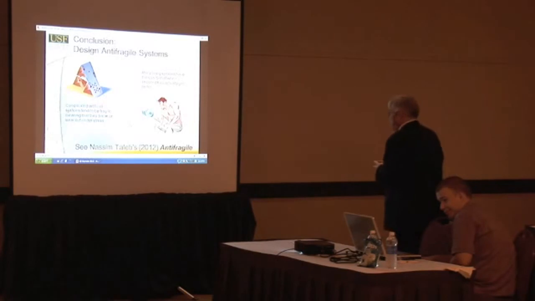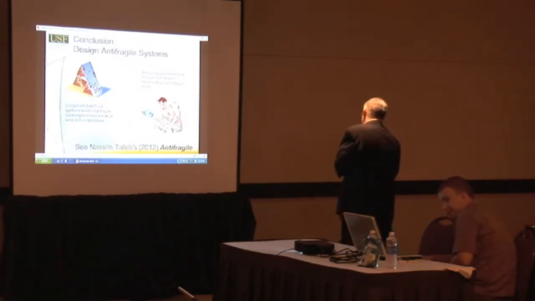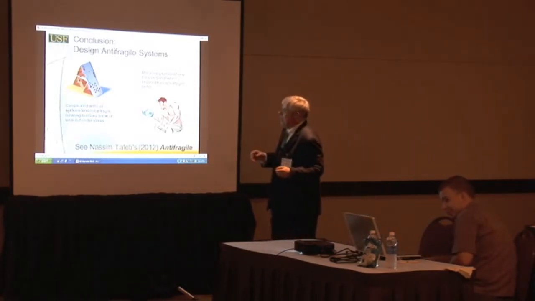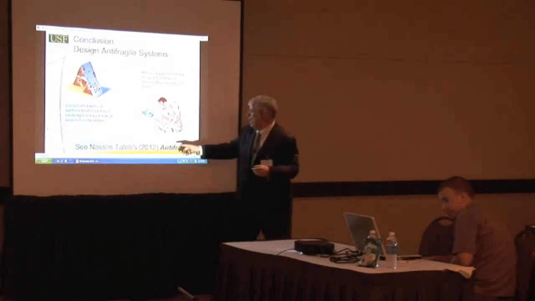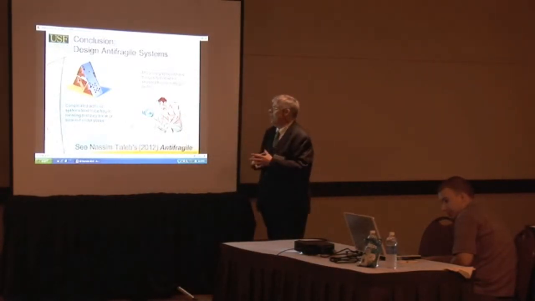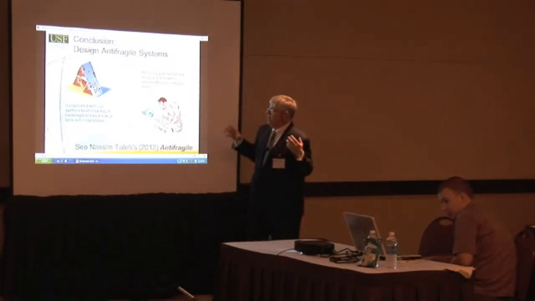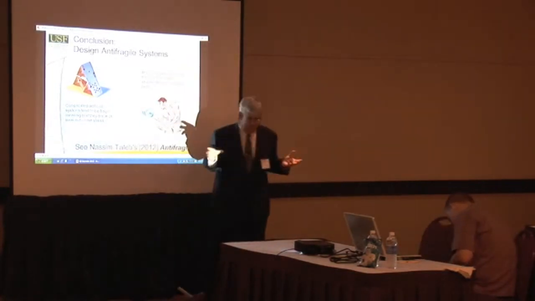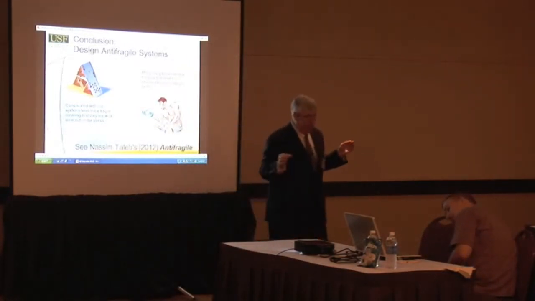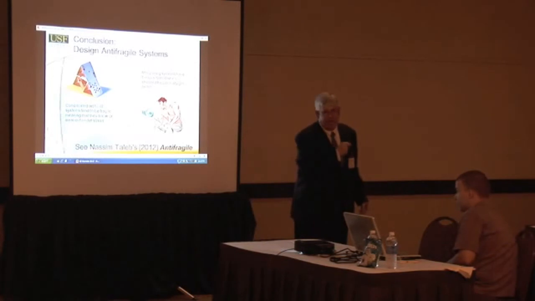Ultimately, what we should be seeking is something that is referred to as anti-fragility. This is from Nassim Taleb's 2012 book, Anti-Fragile. In artificial systems, once you reach a certain level of stress, they tend to break.